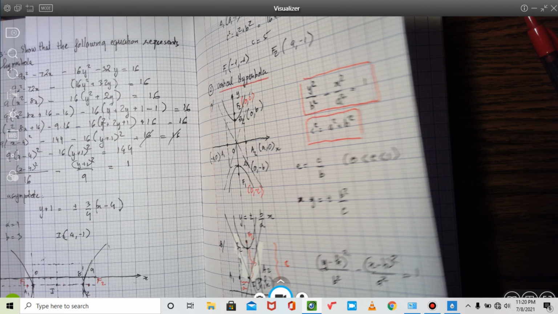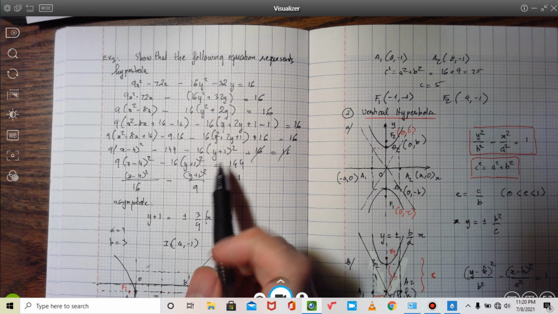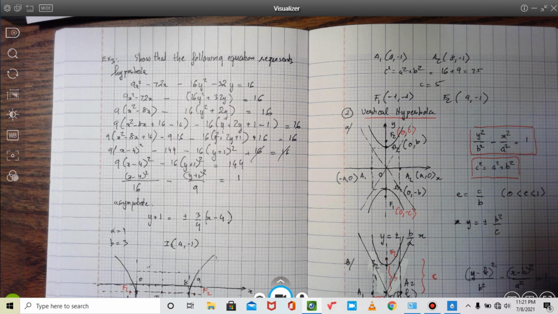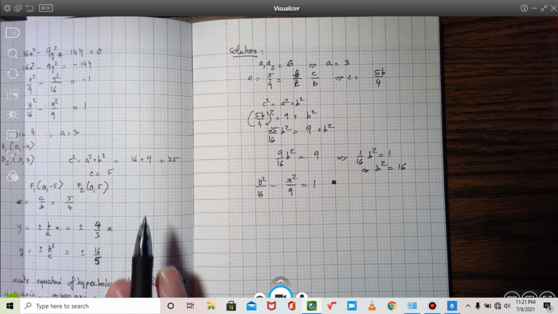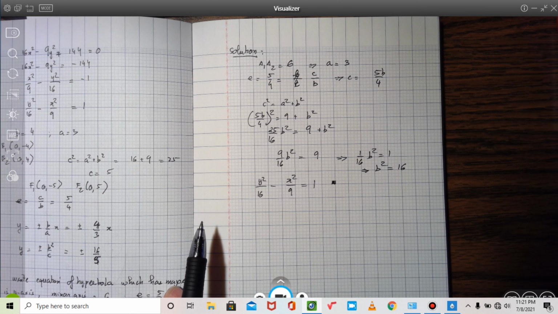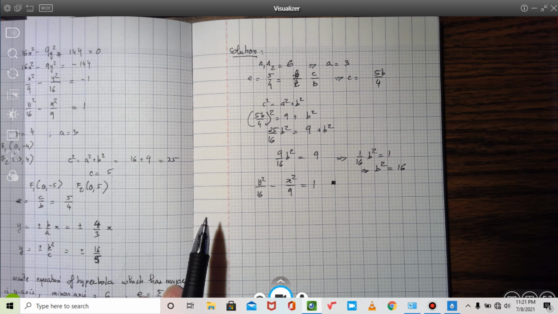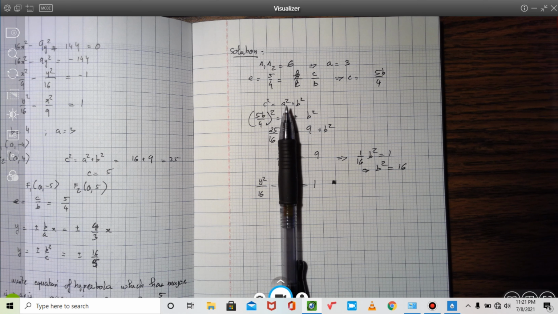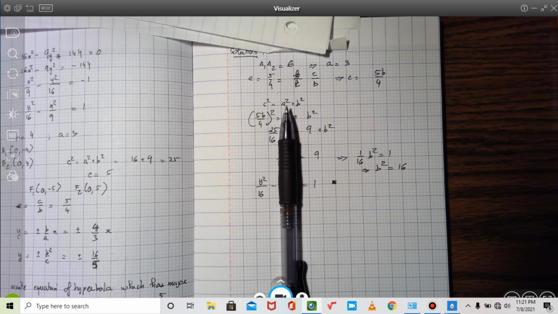For the vertical hyperbola, I'll probably ask you to write the equation of a hyperbola with the center not at the origin, but I can find something else and work on that. Probably we have another example. Let me check, let's see if we have anything here or not.